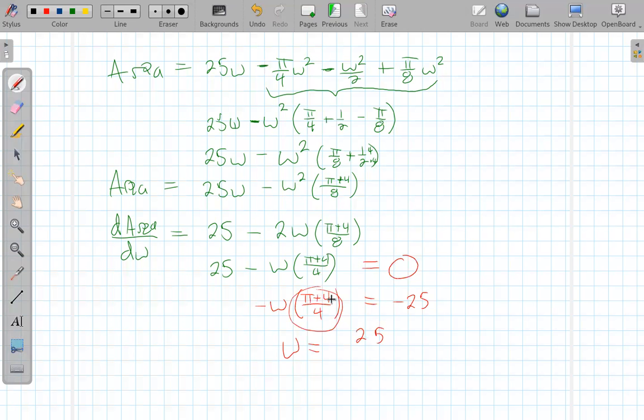And I guess instead of dividing by this, we'll multiply by the reciprocal. 4 over pi plus 4. So 100 over pi plus 4 is the width that should give us the maximum area. So this is the width to find the max area.